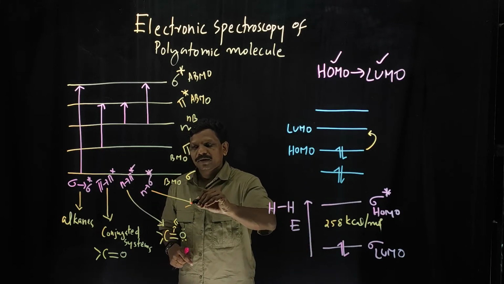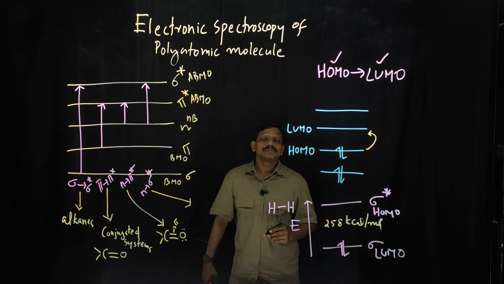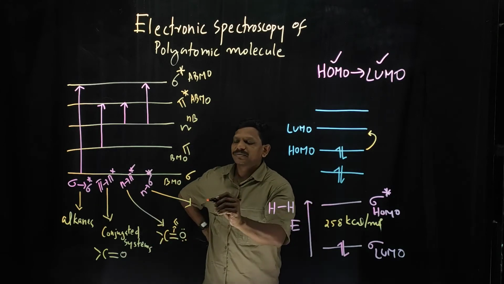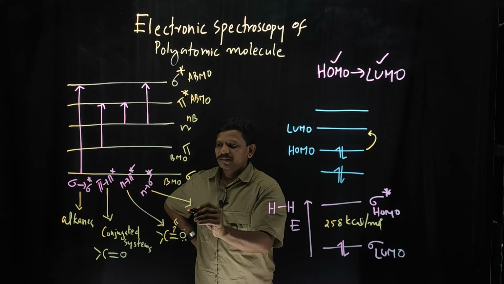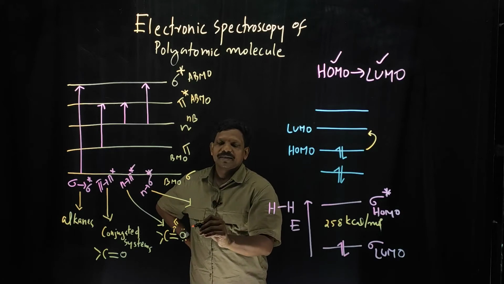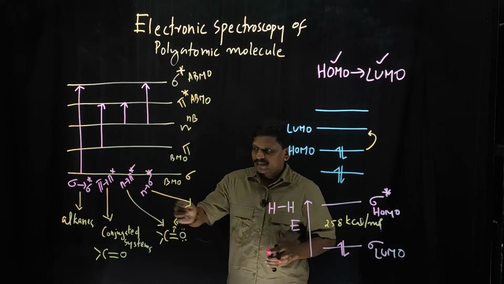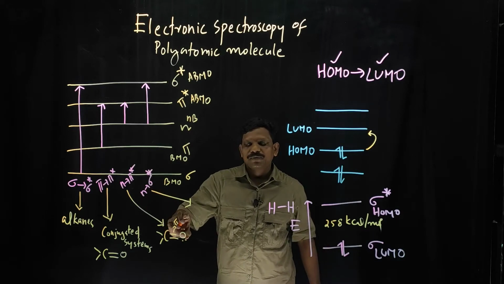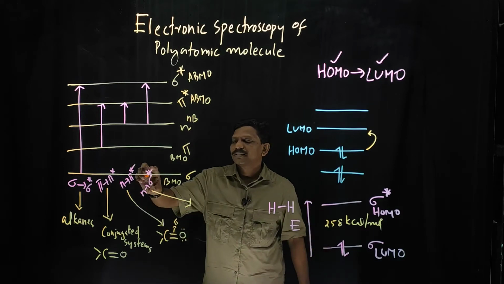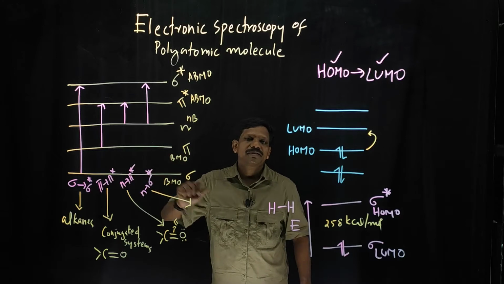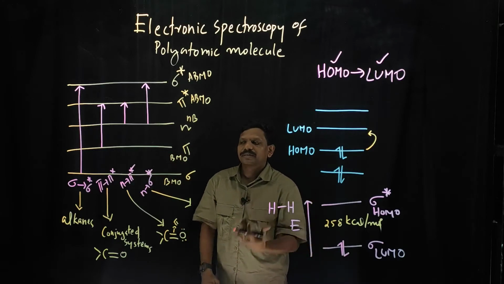And finally you have the n to sigma star transition. So what is the condition for n to sigma star? There should be lone pair of electrons, and also there should be a sigma bond, that means a saturated system.